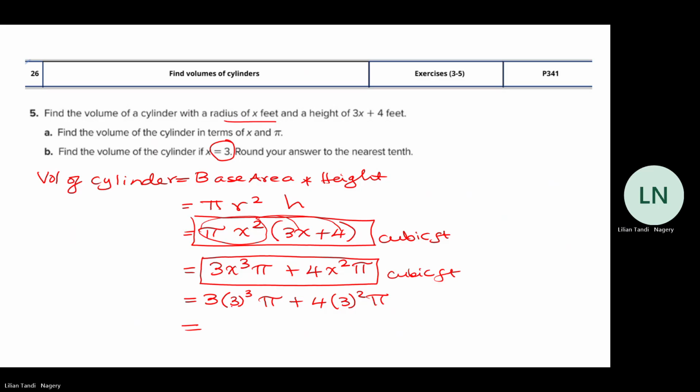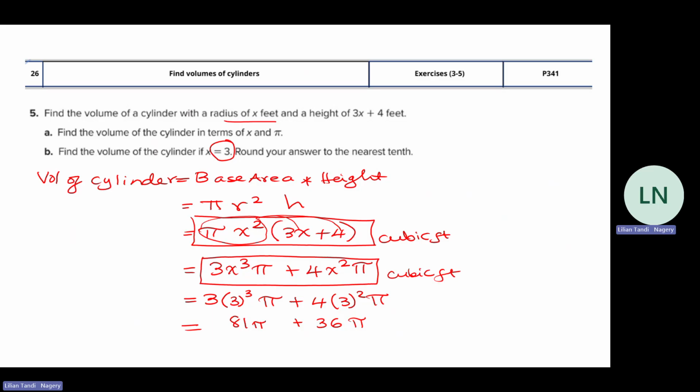How much is that? 27 times 3 is 81 pi. And this is 9 times 4, which is 36 pi.